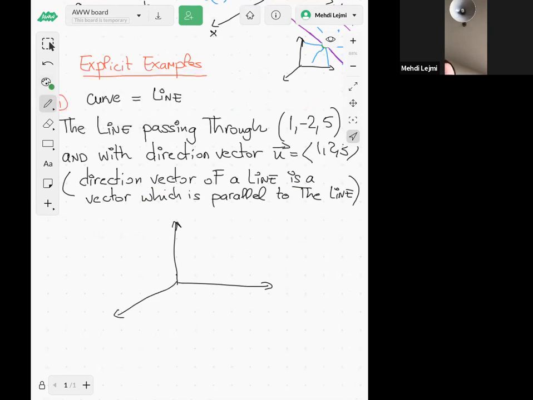You have your point here, let's say this is my point 1, -2, 5. And then I have my direction vector u, which in our example is 1, 2, 3.